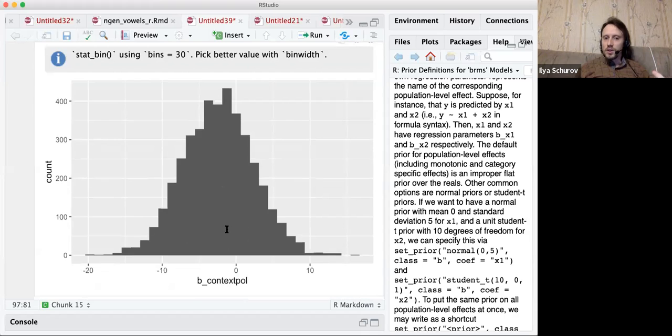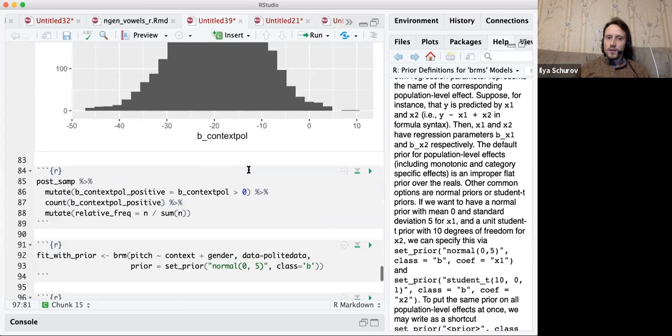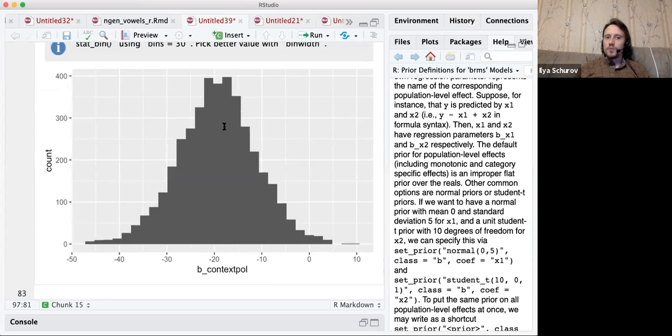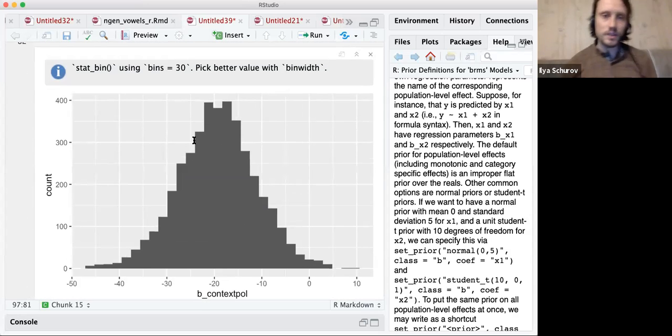But it does not coincide with this prior. Again, according to the data, we have some shift to this negative region. But if we impose a strict prior, then we have a less significant effect than with this uninformative prior. So this is again the feature of these Bayesian methods.